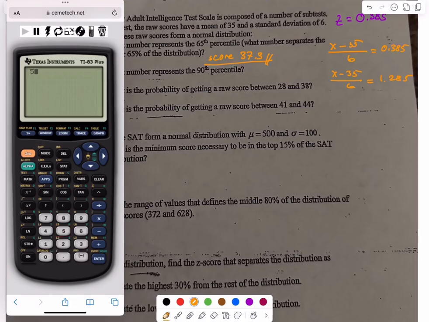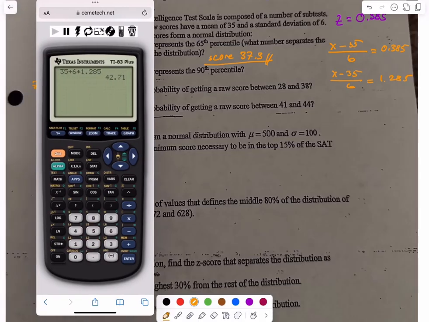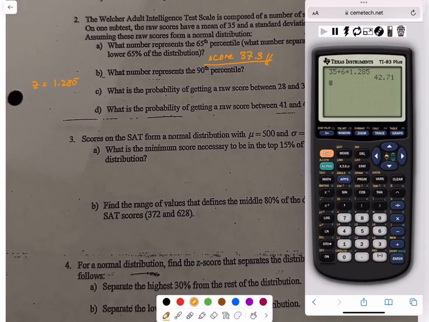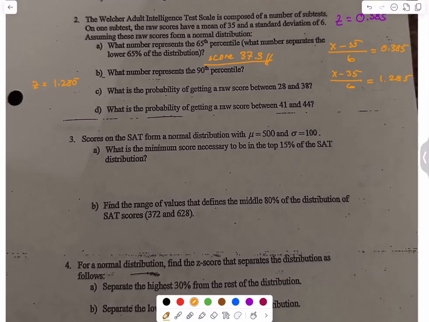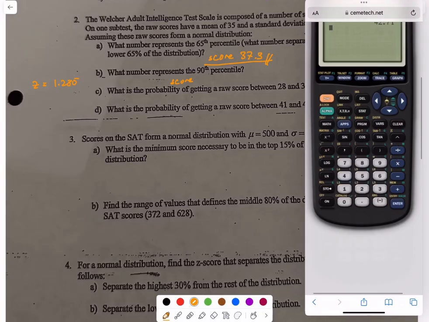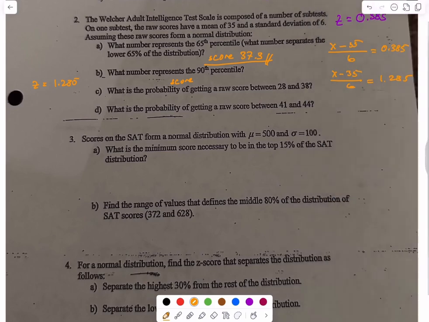So 35 plus 6 times 1.285 is 42.71. Yeah, that's good. So here we're getting a score of approximately 42.7.